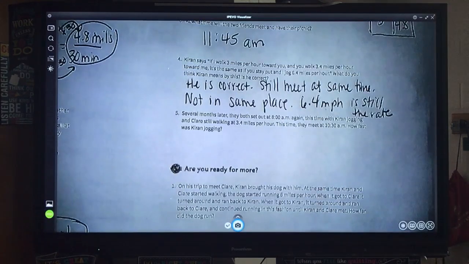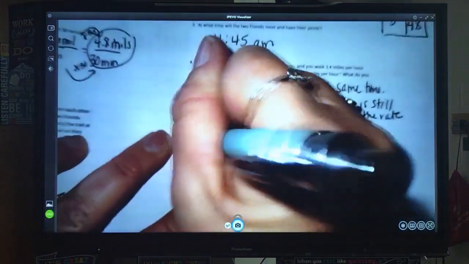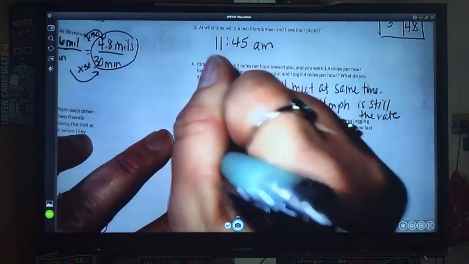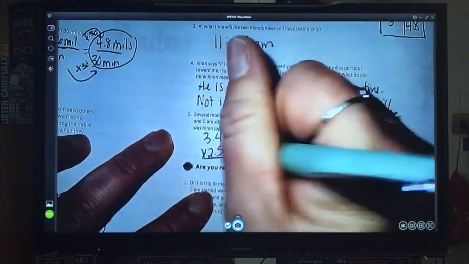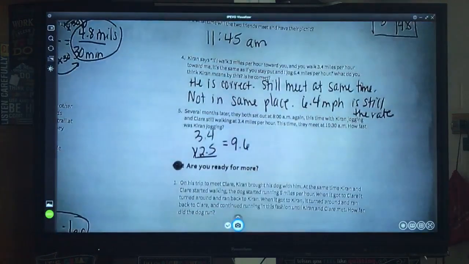Okay, you're confusing me and I kind of trailed off. You are correct. Your process is right. It's the easiest way to solve this problem. You essentially determined that 8 to 10:30 is 2.5 hours, right? Then you multiply that by 3 4/10. Why? We multiply by 3 4/10 because we need to know Claire's speed, and since we know her speed, we can find out how far she went.